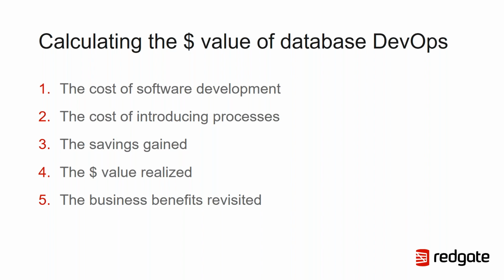Once you have that averaged hourly cost, we can calculate the cost of introducing a new process by multiplying that by the time taken to train everybody up on this new approach, to introduce them to the new tools that they will need to embrace to actually make the vision a reality.